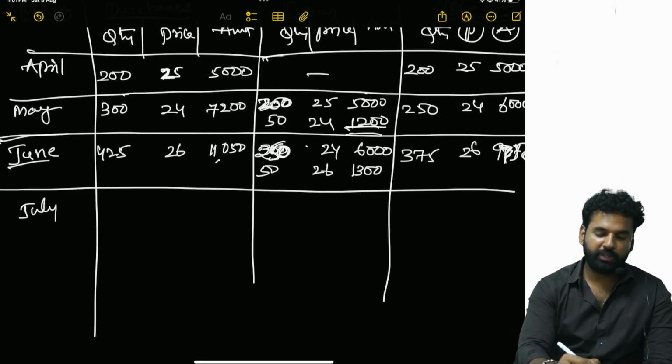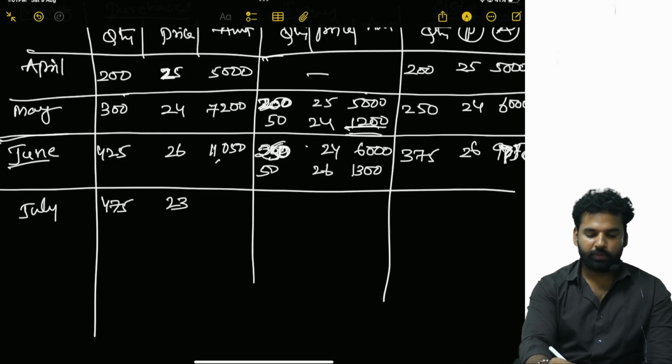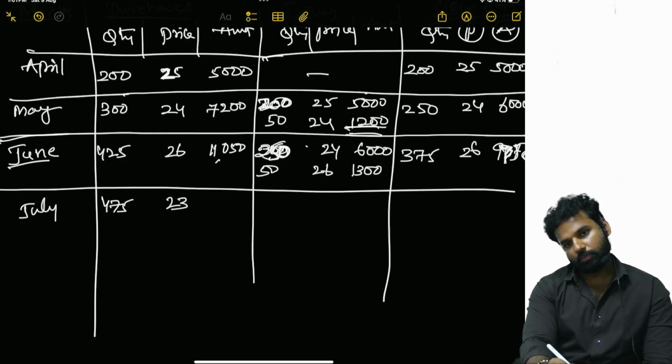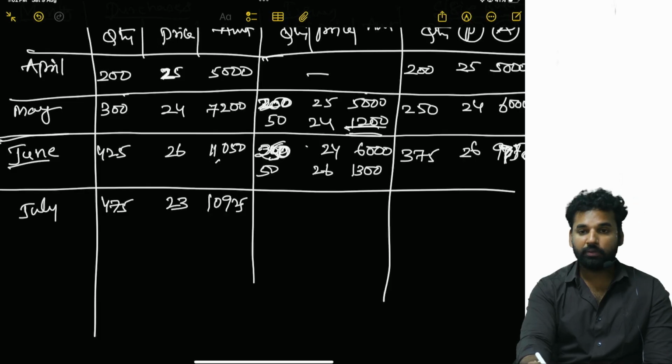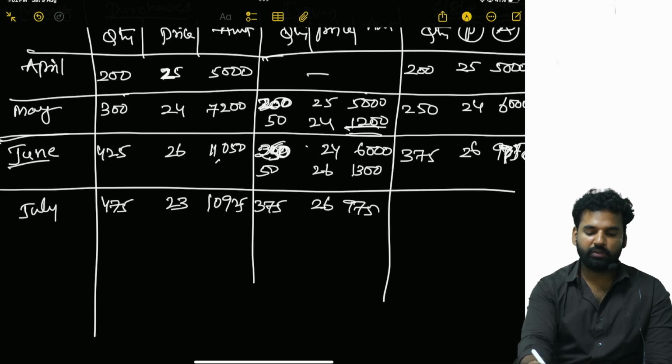July, how many units purchased? 475 at 23 rupees. So amount is 10,925. Okay. So issue is 550. That means 375 at 26, 9,750.